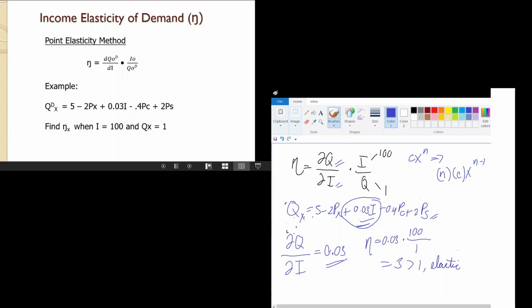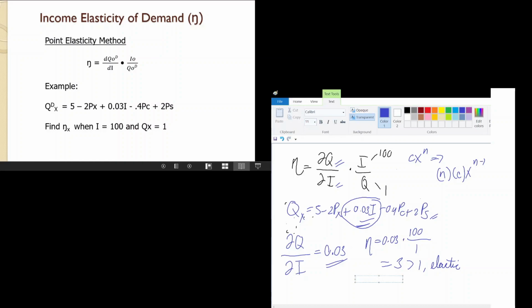So how will we interpret this? Okay, so a 1% change, since point siya, we don't know if the income increase or it decrease. So a 1% change in income causes a 3% change in the demand. Okay, so actually nakalagay ata dito sa handout nyo is quantity demanded, pero let's correct it.